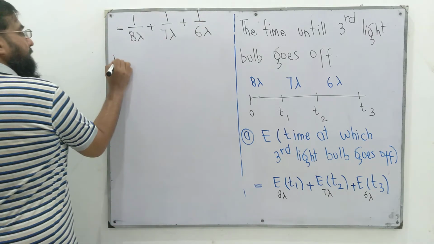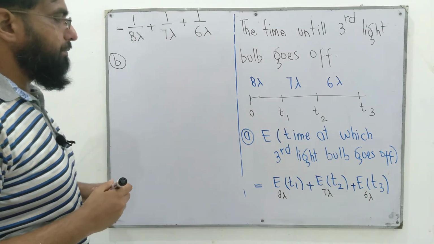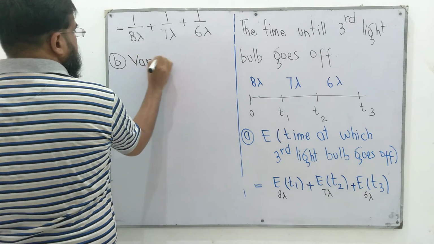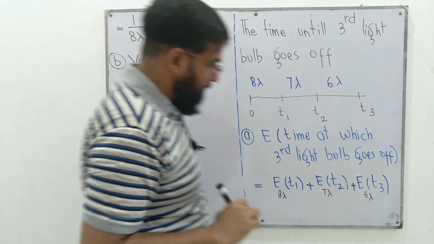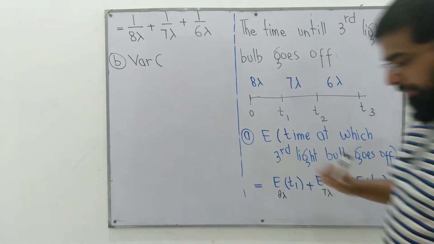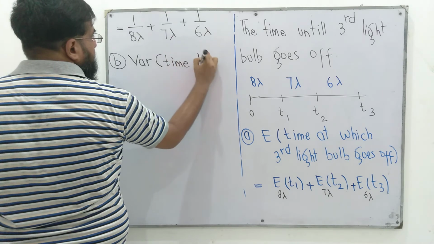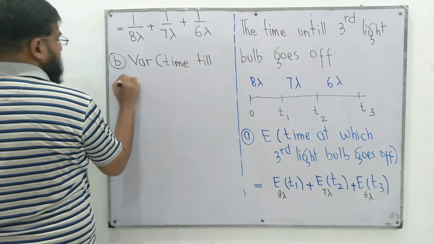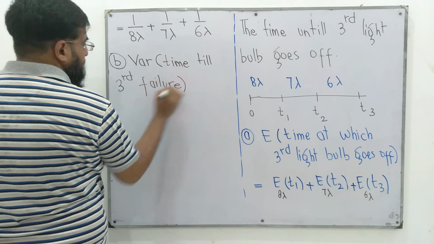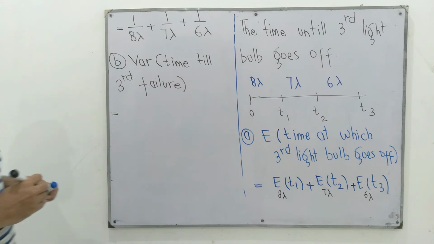And in part B, we are required to find the variance of the time till the third failure.